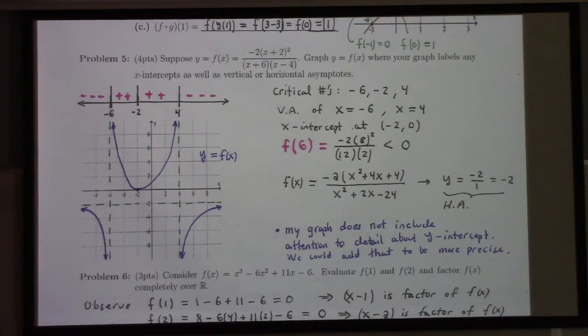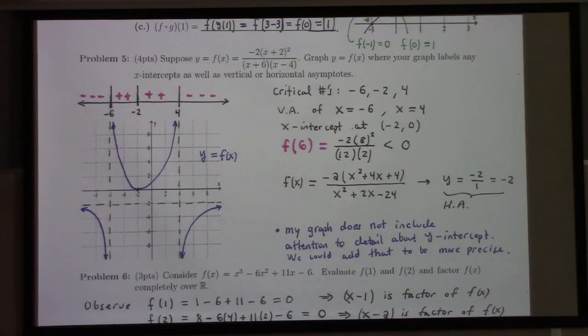So, if the graphing problem is worth a lot of points on the test, right, and you have time, it's worth your time to plug in a point or two to check yourself, right? How would you check yourself? It's really simple.